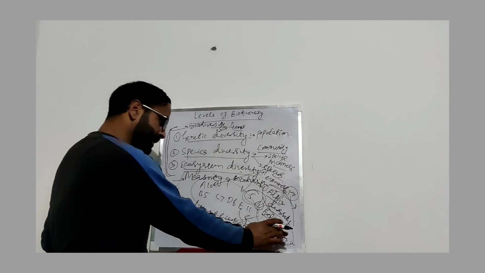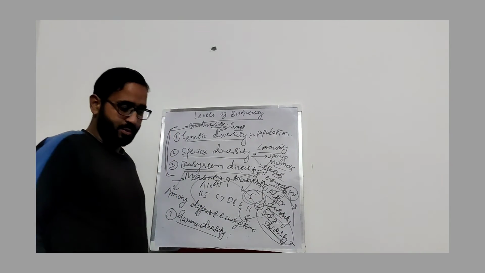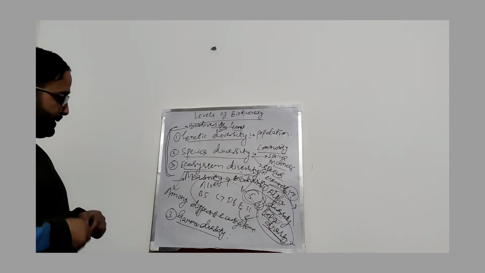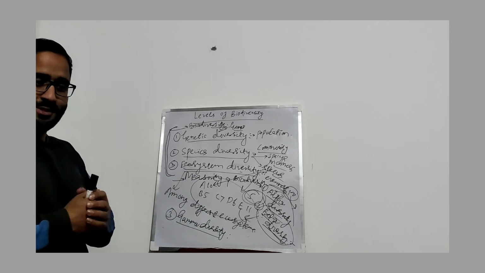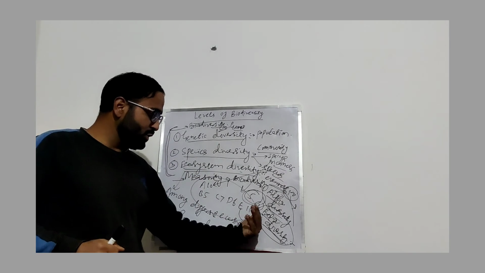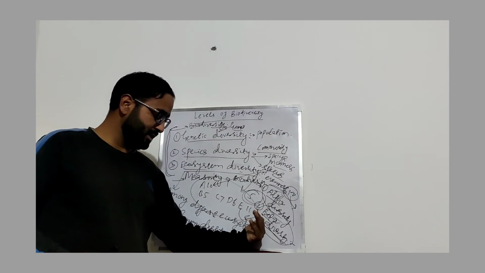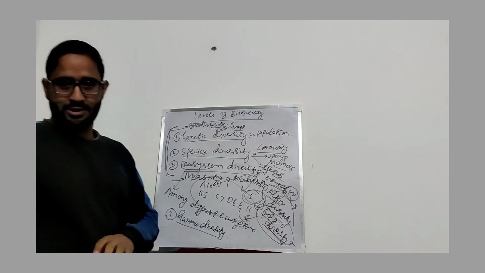So what is beta diversity? Beta diversity compares the diversity of two different ecosystems and studies the unique species which are present in each ecosystem.